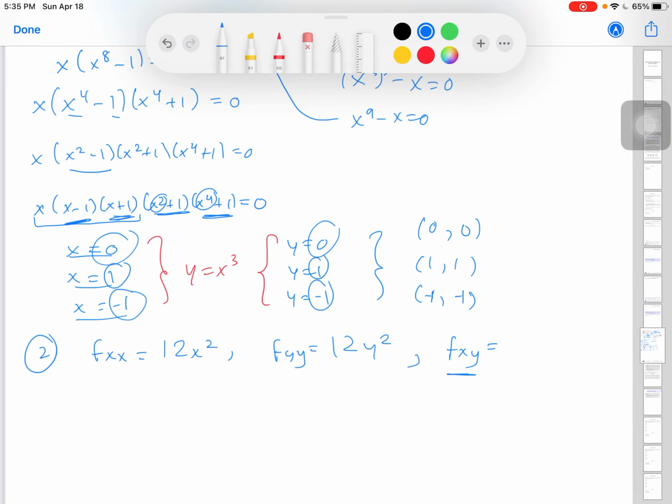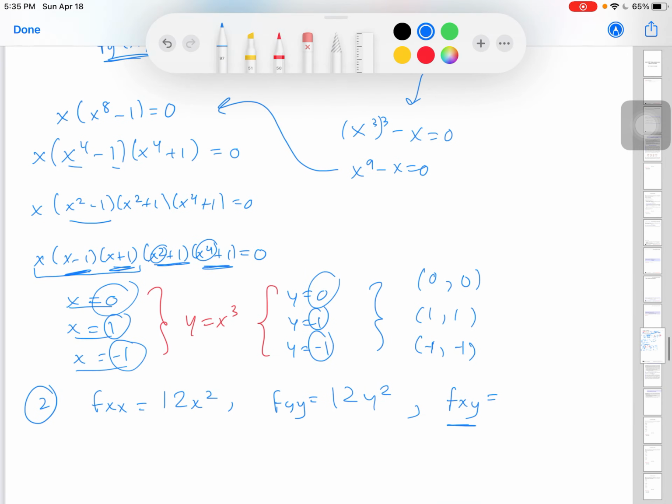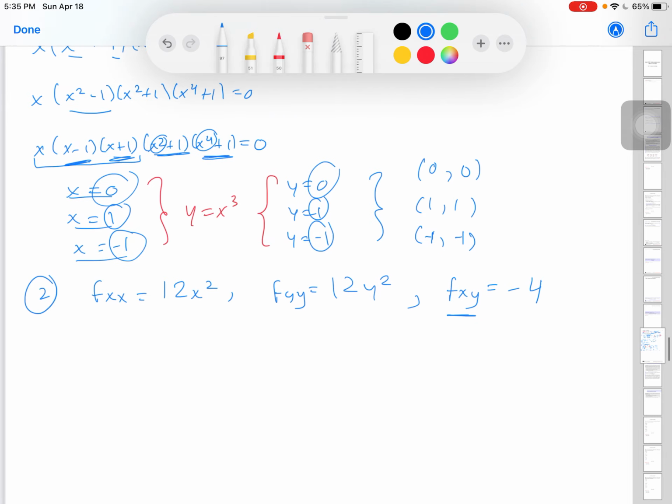And then fxy, I'm going to go back here, differentiate with respect to y. That's the only term that I see there, and I get a minus 4. Great, so now I'm going to write out my discriminant. It is the product of fxx with fyy minus fxy squared. So I get 144x squared y squared minus 16.